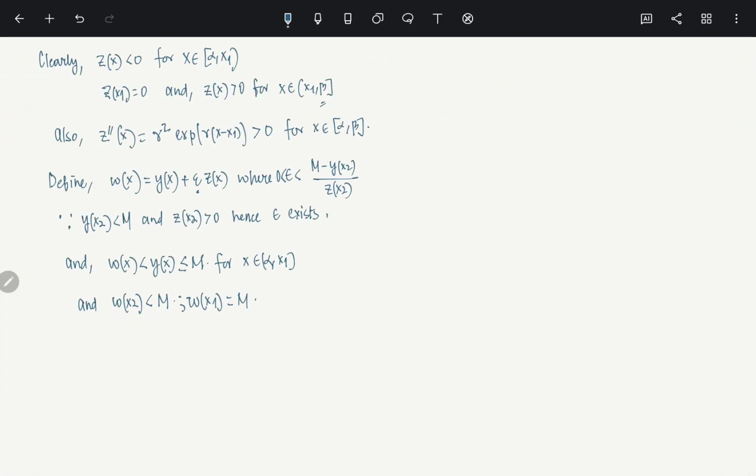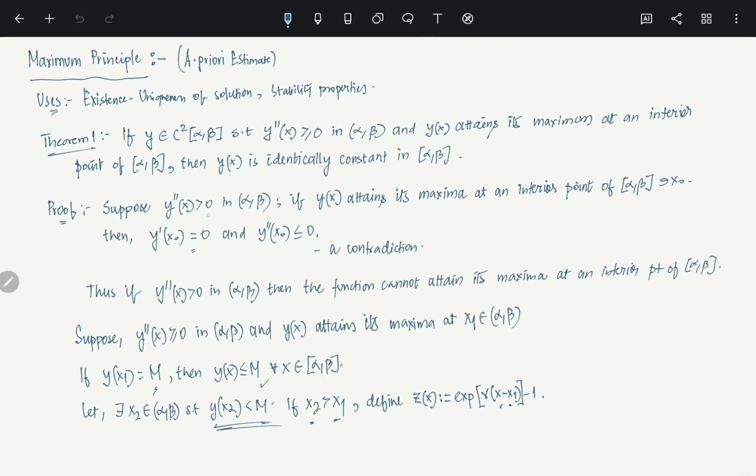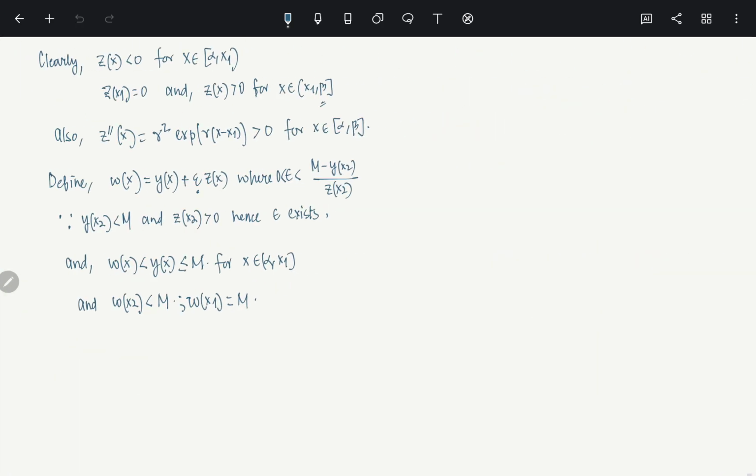Okay. So this is just a trick, because I want to use this particular thing, that a function, if it is strictly positive, then you know it has to be constant. This is what we need to use. Okay. Now see, since w double prime of x, what is it? It is y double prime of x plus epsilon z double prime of x. Okay. This is strictly positive in closed alpha x2. Is it okay? Of course this is right.